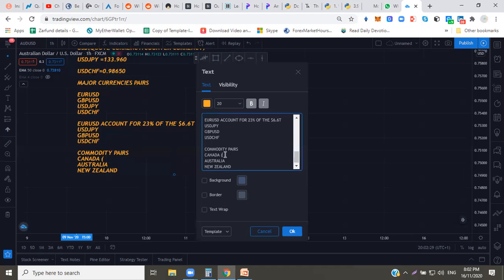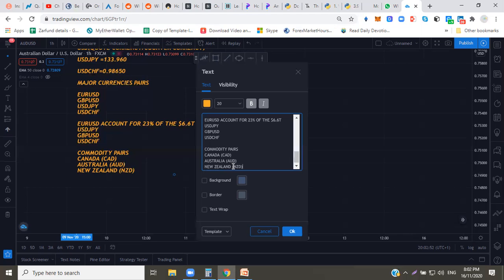So you have the CAD, the AUD, then the NZD. These are called commodity currencies. Now, what are the commodity pairs?